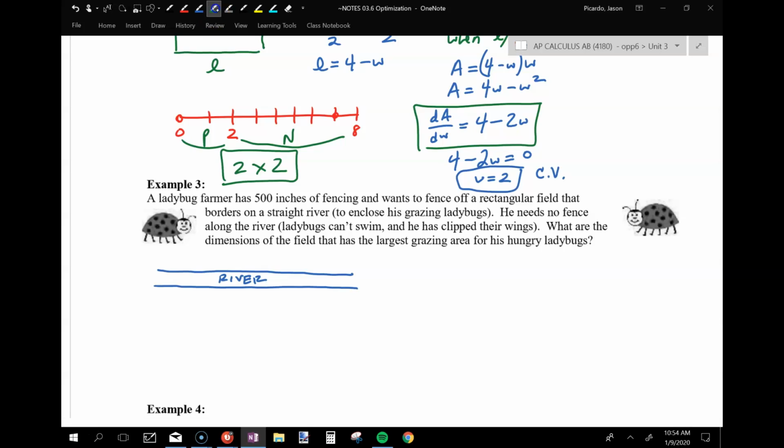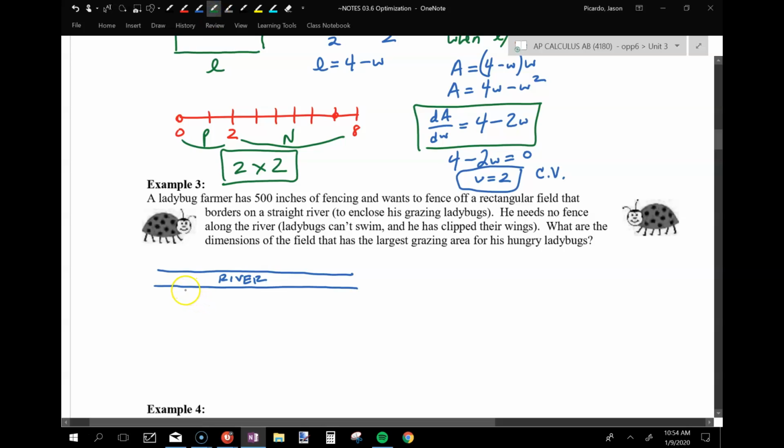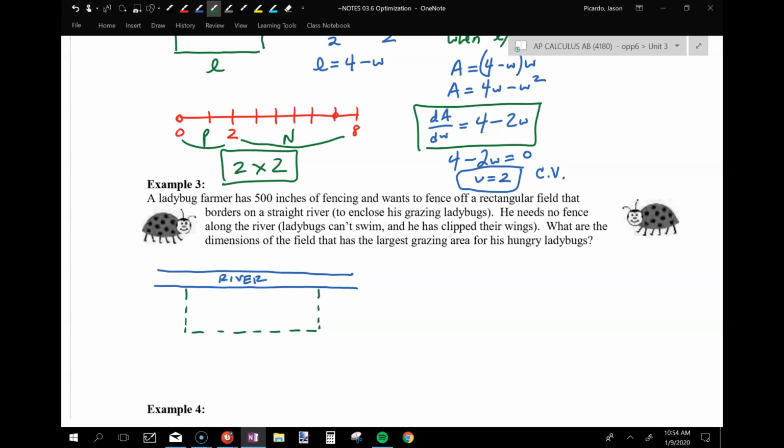I want to take my 500 inches of fencing and create an enclosure that butts up next to the river, such that the river serves as one of the boundaries because ladybugs can't swim and the farmer has clipped their wings.